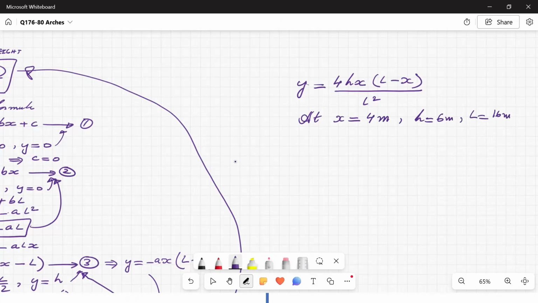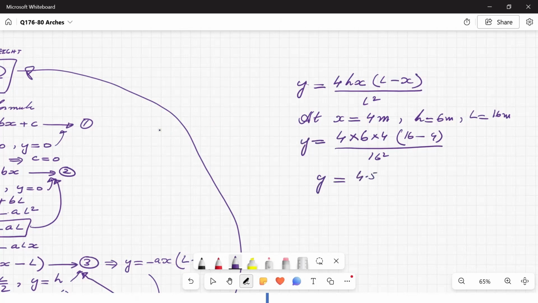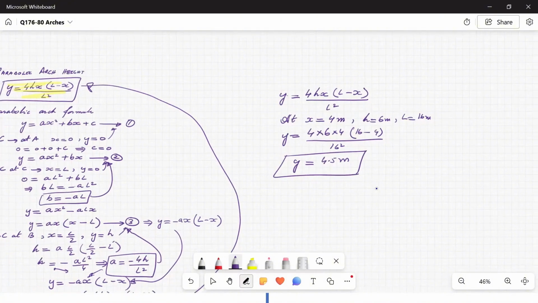So if we put these values, we will get y is equal to 4 times 6 times 4 times (16 minus 4) divided by 16 square. So from here the value of y is 4.5 meters.